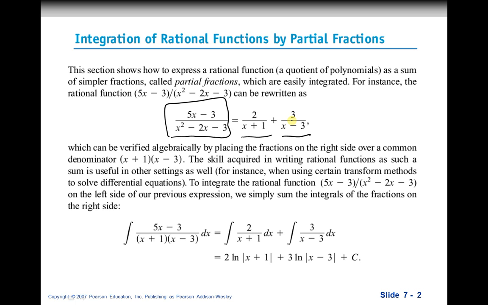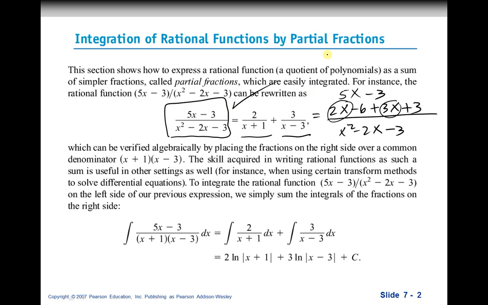You can confirm that by combining the two partial fractions into 2x minus 6 plus 3x plus 3 divided by x squared minus 2x minus 3, and you can see that this becomes 5x minus 3, and is exactly what we started with.